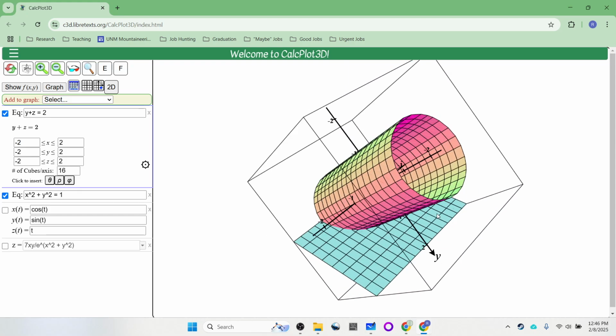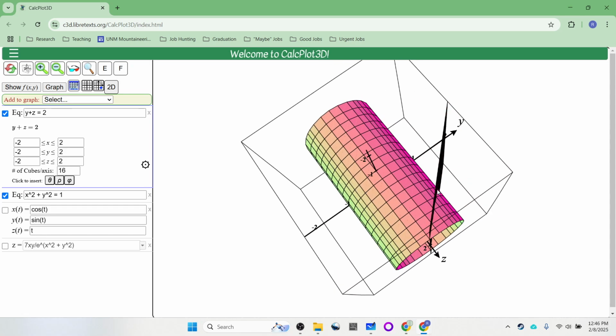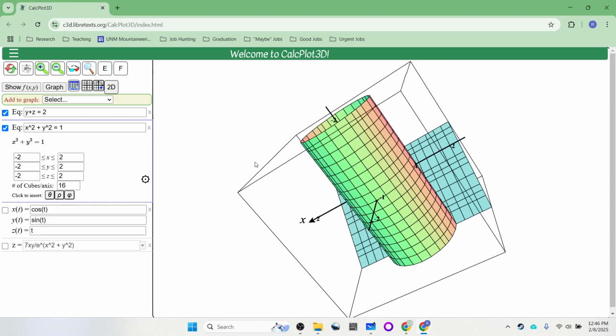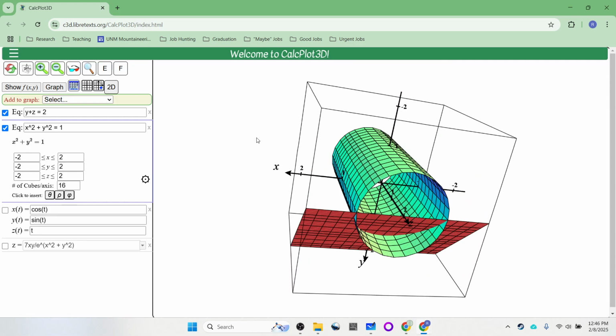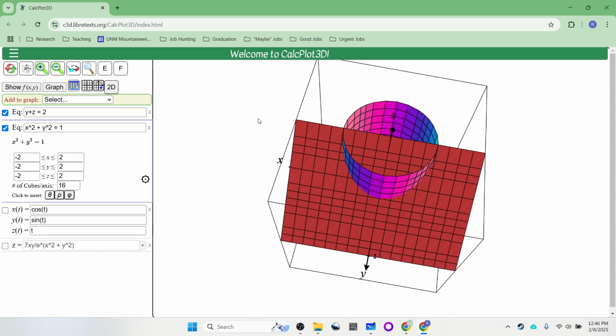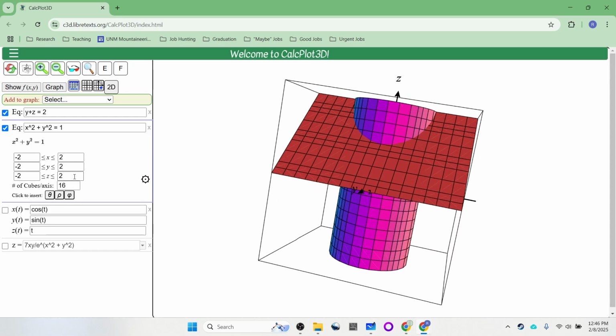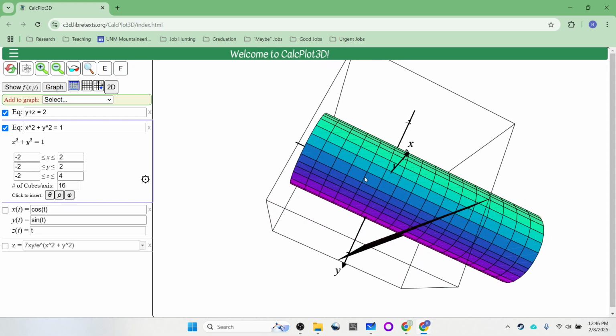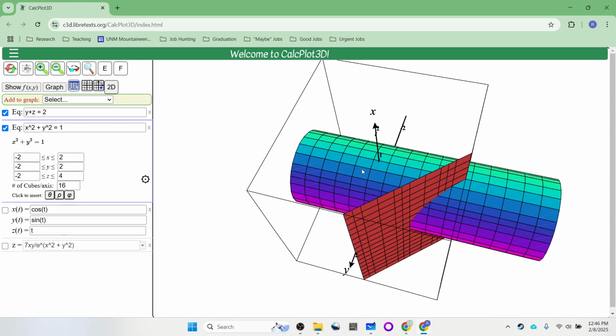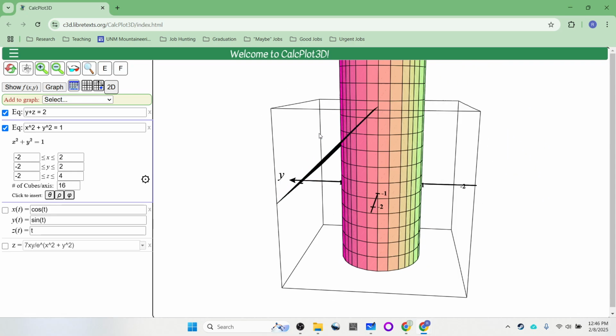And so if we look at that, we can see where it cuts through. Let's let z go a little lower so that we can see the whole thing. That didn't help. Oh no, it's positive z. We need z to go higher, not lower. There we go. And negative y is that direction. Play around with these things.